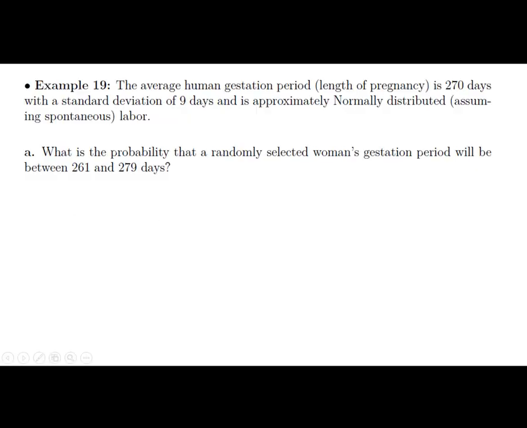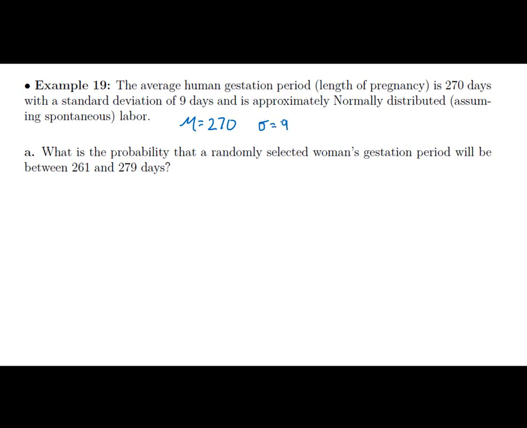So in this example, I want to show us a situation where we apply this knowledge of the normal curve to a more real-world situation. We're looking at human gestation here, so the length of a pregnancy, and we're told that the average is 270 days and that the standard deviation is 9 days.